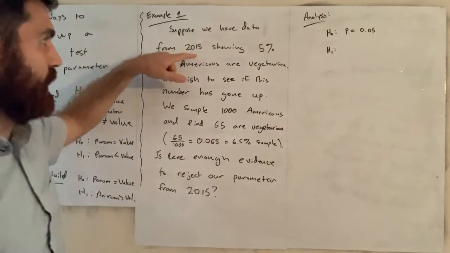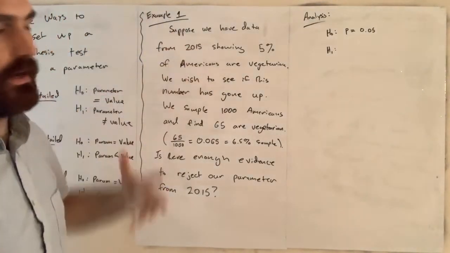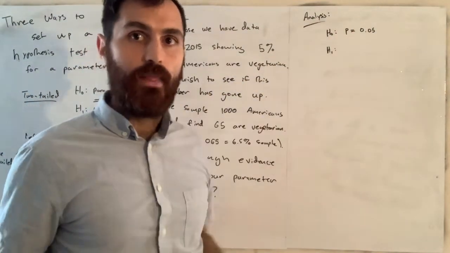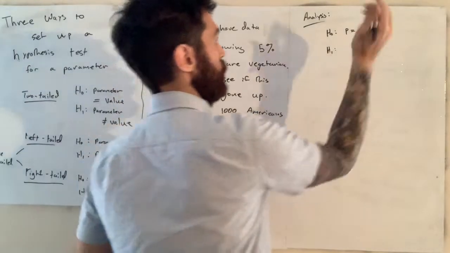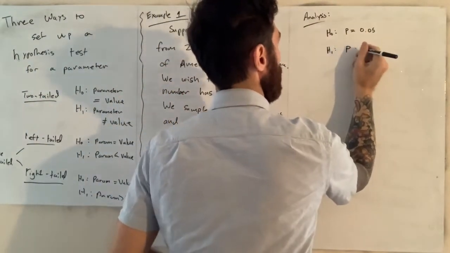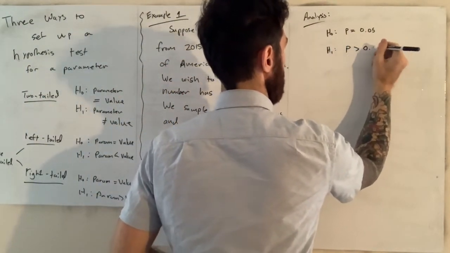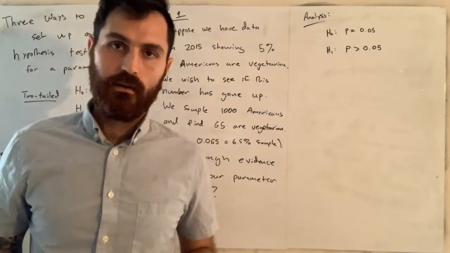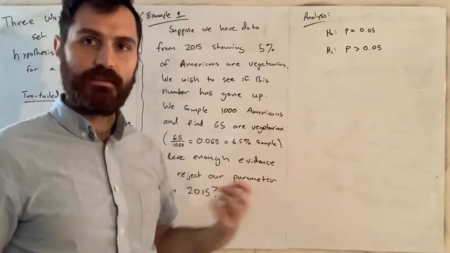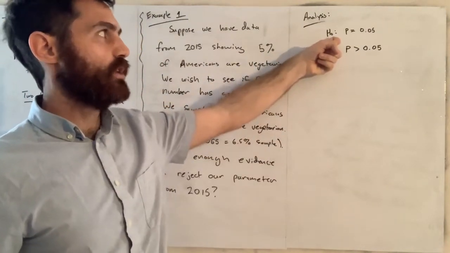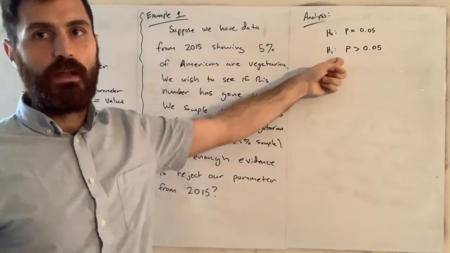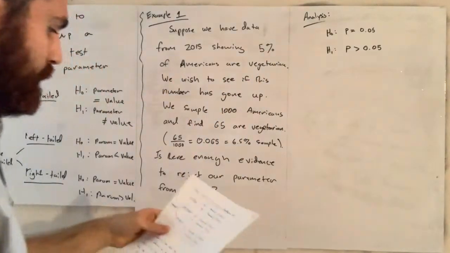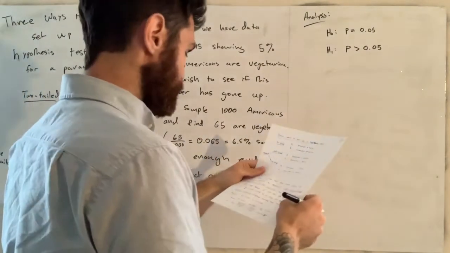This is what our historical records show. So we're going to say that this is the way the world is. And then someone's going to come along and propose, well, no, I think that the parameter is actually larger than that. Okay, so this is the setup. This is the game. We start by believing this. Someone makes a case for this, someone being our data, and that's what we're going to do now.